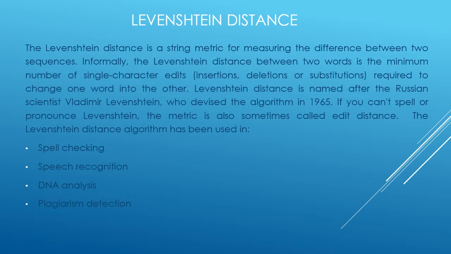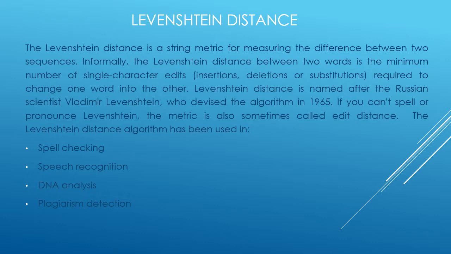Levenshtein distance. The Levenshtein distance is a string metric for measuring the difference between two sequences. Informally, the Levenshtein distance between two words is the minimum number of single character edits required to change one word into the other. It is named after the Russian scientist Vladimir Levenshtein, who devised the algorithm in 1965.